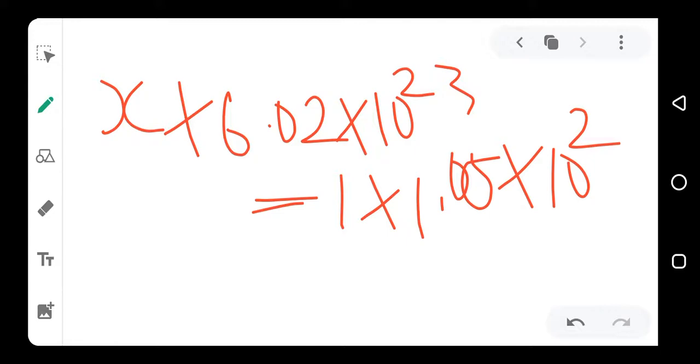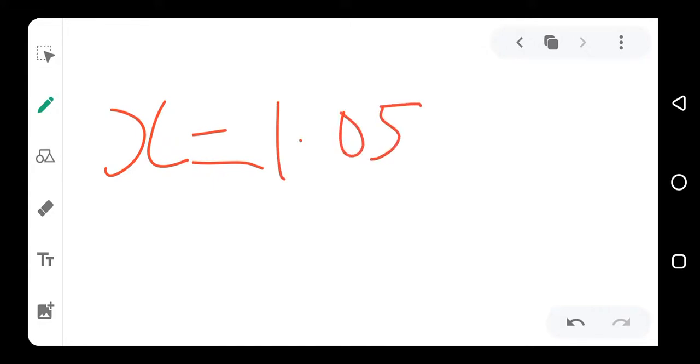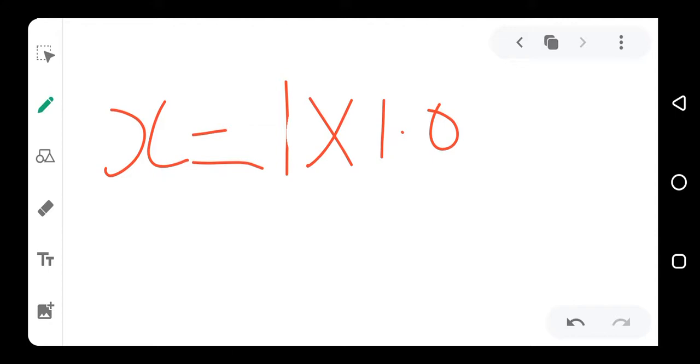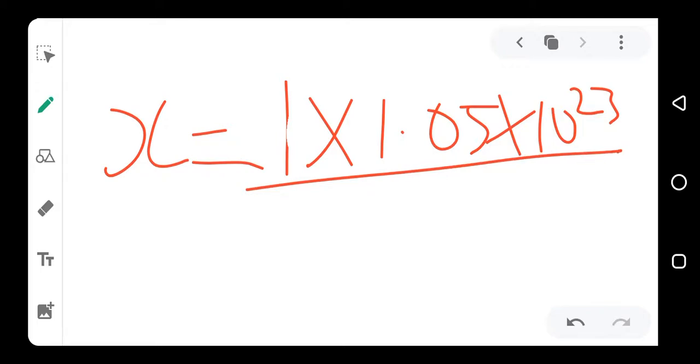This means that our x is equal to 1 times 1.05 times 10 raised to power 23 over 6.02 times 10 raised to power 23.